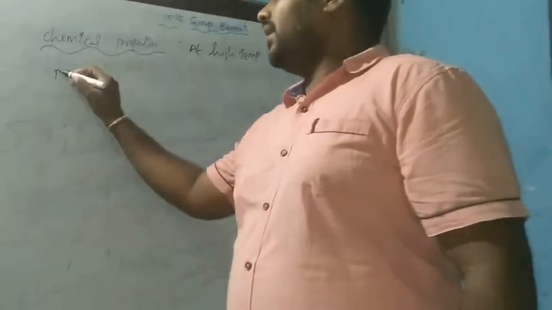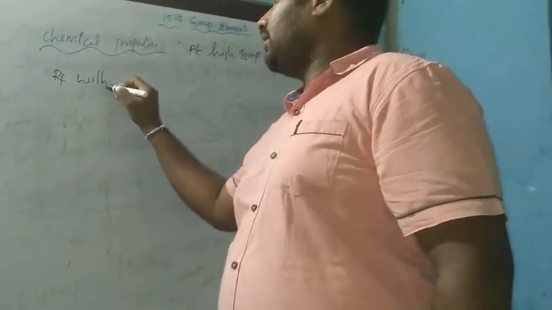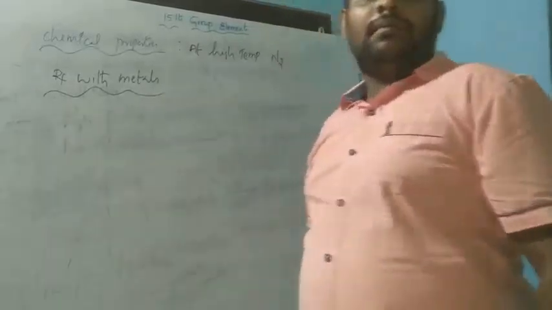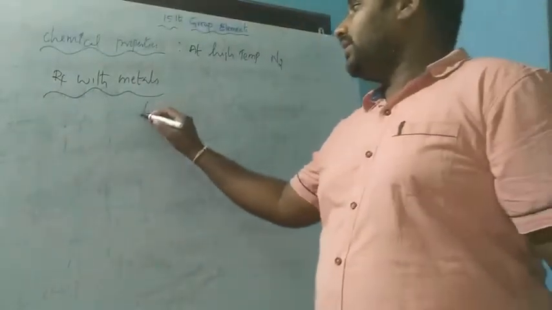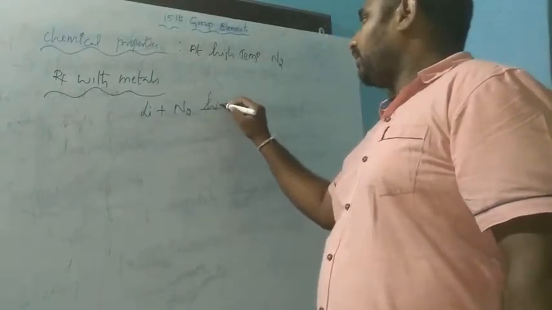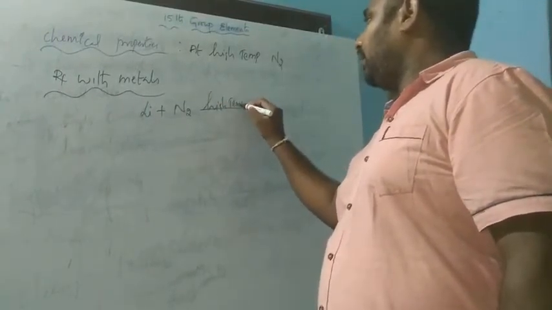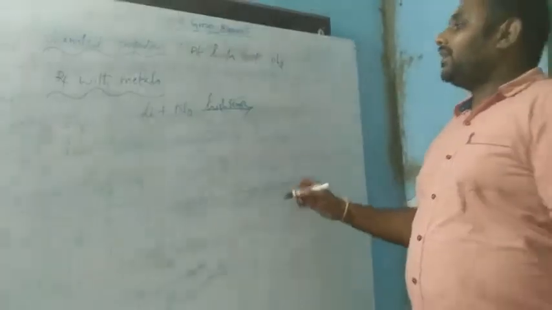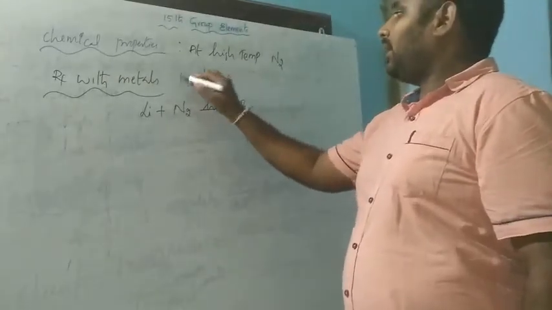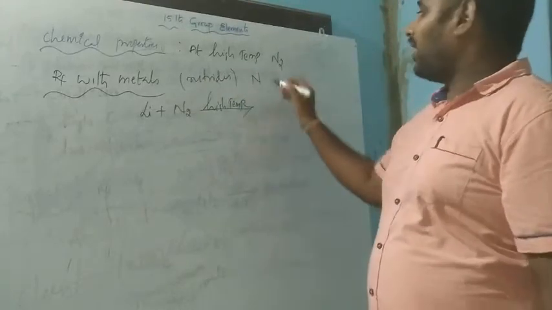First, reaction with metals. Lithium reacts with N2 at high temperature. We get nitrides. Here nitride means N3-.